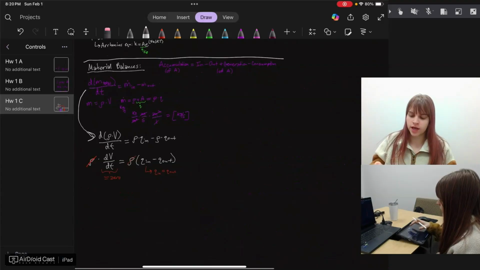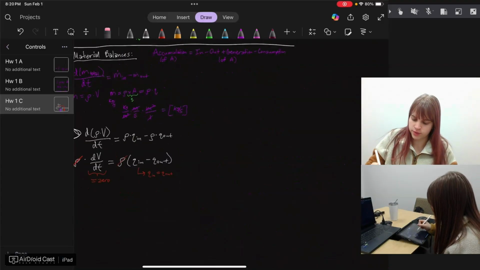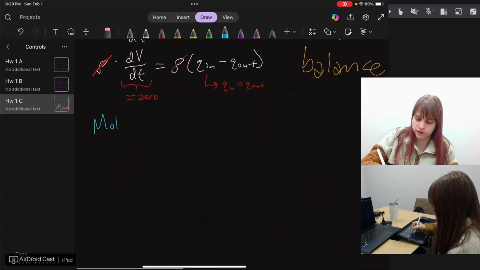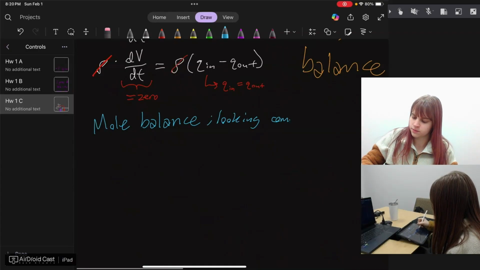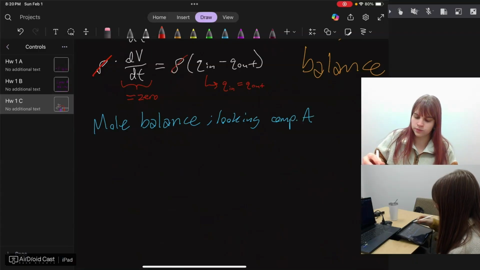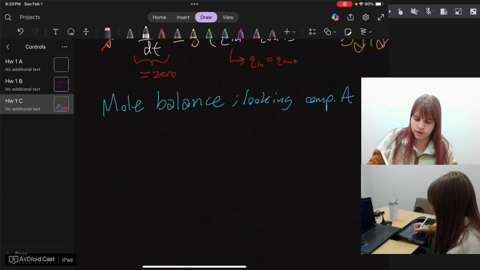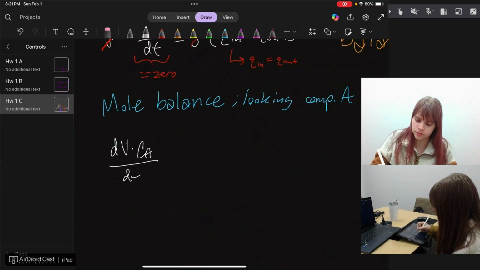So instead of looking at a mass balance, which was kind of what we did here, we want to do a mole balance, since we are looking at component A. So something we would like to look at is the change in volume times the concentration of A divided by dt.